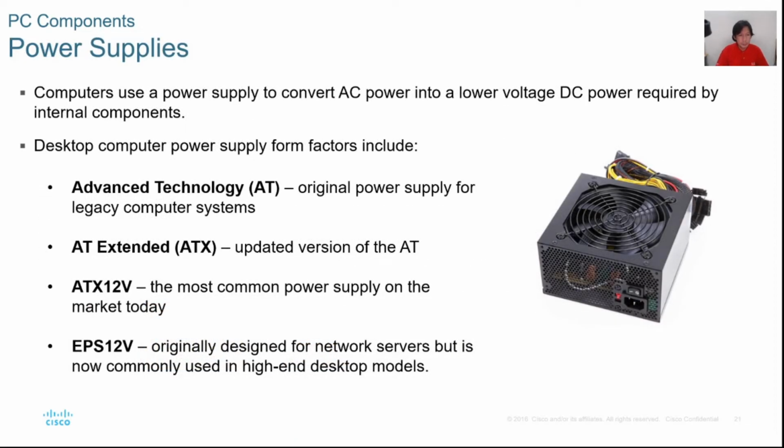One of the most important parts of our PC is the power supply. Computers use a power supply to convert the voltage from our outlet, called alternating current or AC power, into a lower voltage called direct current or DC power.